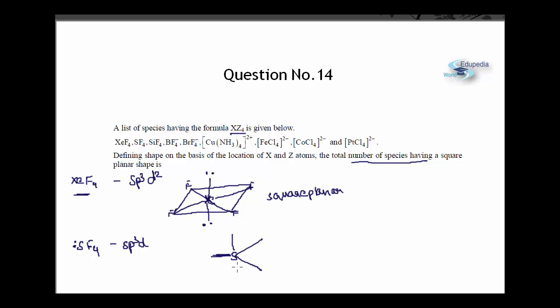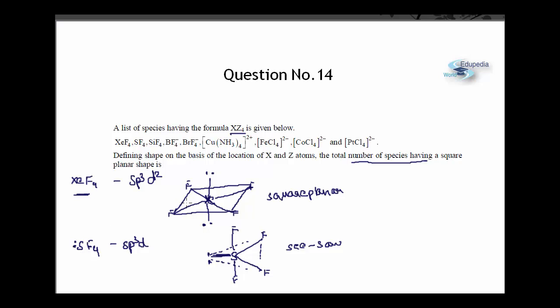So I am drawing the geometry for you. The lone pair always occupies the equatorial position. These are very important rules which all of you must know, and the remaining four positions will be occupied by four of the fluorine atoms. Okay, so this particular shape will be a seesaw shape. So SF4 will not be my square planar structure.